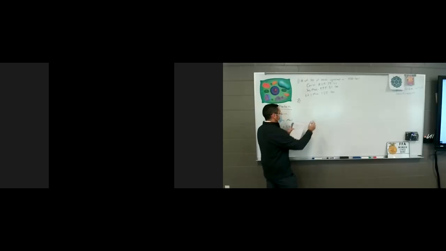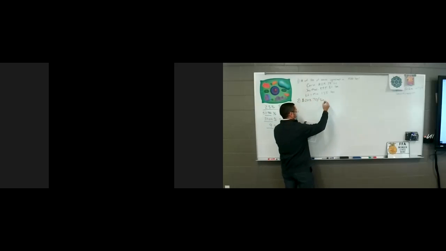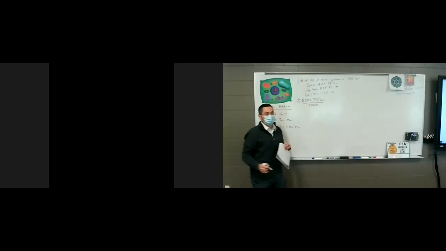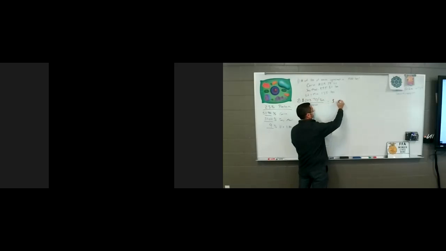The first thing we're doing is we're taking 203.7 per ton divided by 2,000, because that's how many pounds are in a ton, which equals, we're going to round up here a little bit, 10 cents per pound.